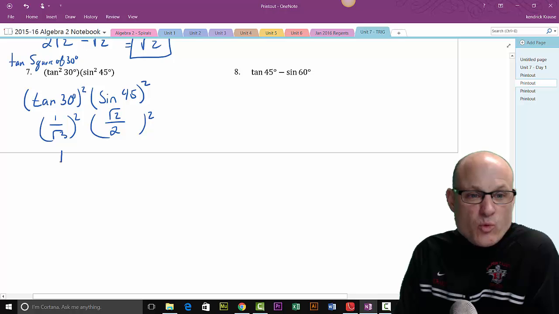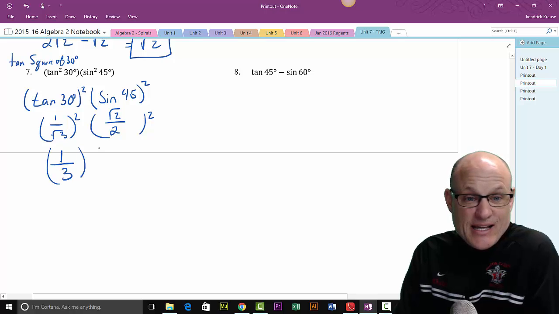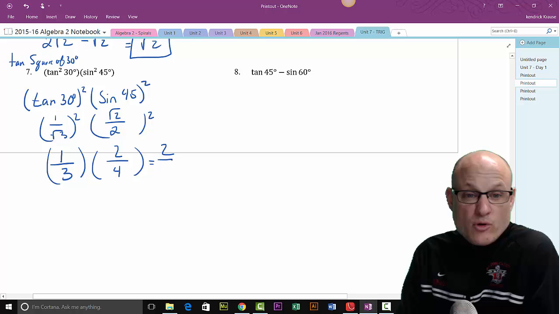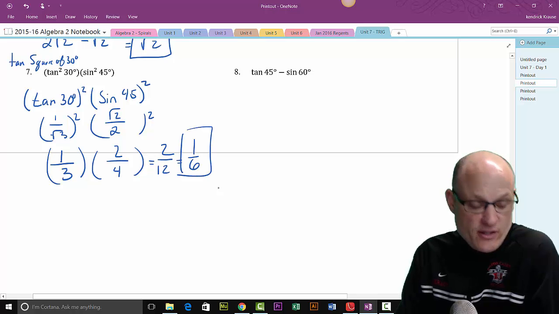Well, this is just 1 over 3. 1 squared is 1, square root of 3 squared is 3, times square root of 2 squared is 2, all over 2 squared, which is 4. So my final answer here, not my final answer, is 2 over 12, which is equal to 1/6. There's my answer.